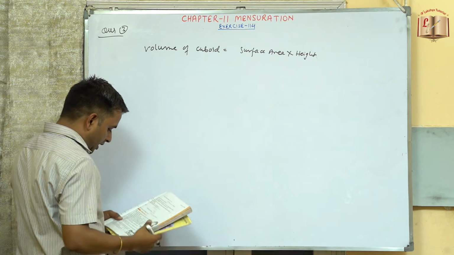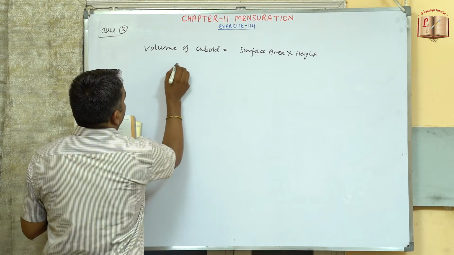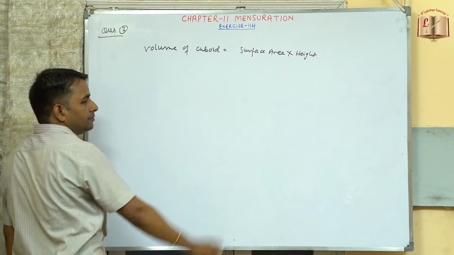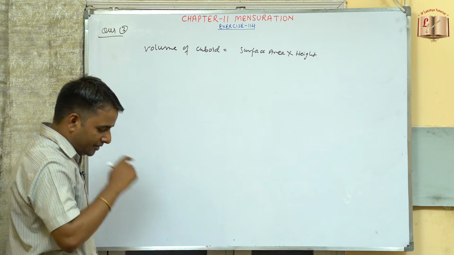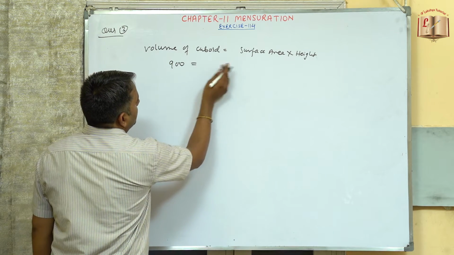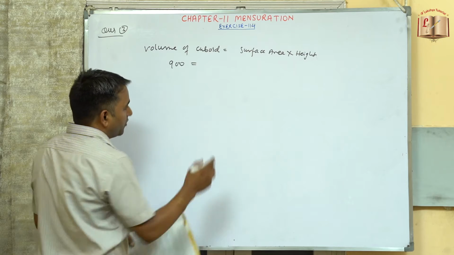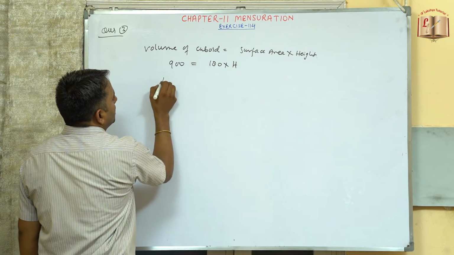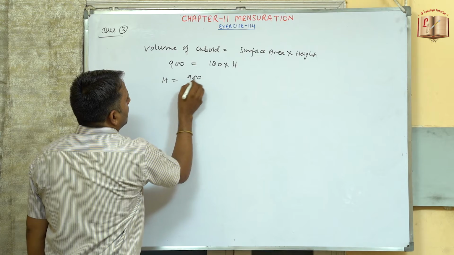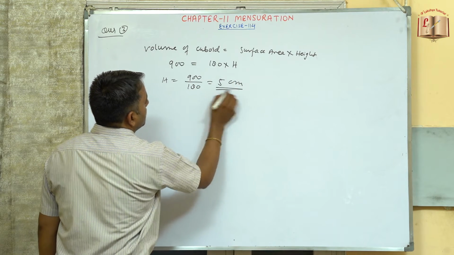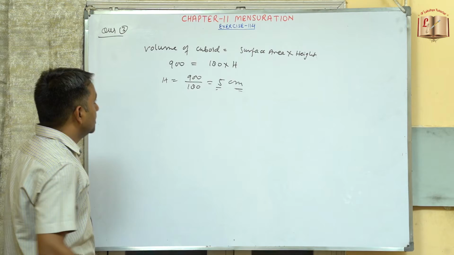Volume is given to us, 900 centimeter cube, and the surface area is given, 180, into height remaining, the h. So h will be equal to 900 divided by 180. So this is 5 centimeters. So this is the height.